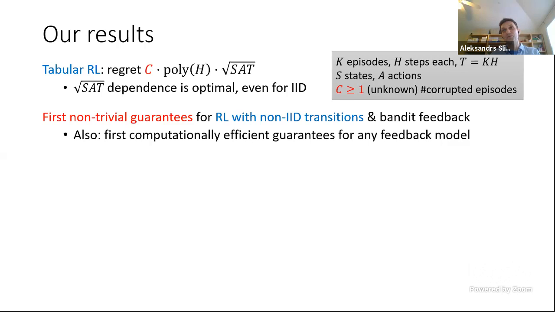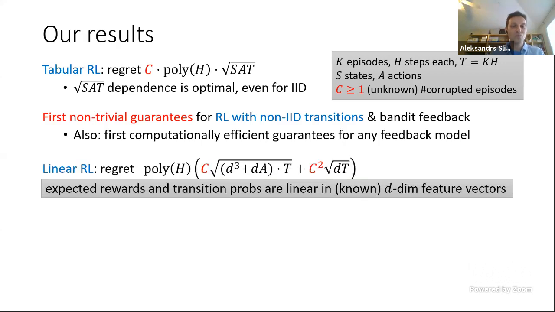And if you go beyond the bandit feedback, then it's sort of the first computationally efficient guarantee in any feedback model. We also achieve a result for the linear version, which is another standard version of RL, where essentially expected rewards and transition probabilities are linear in the feature vectors.